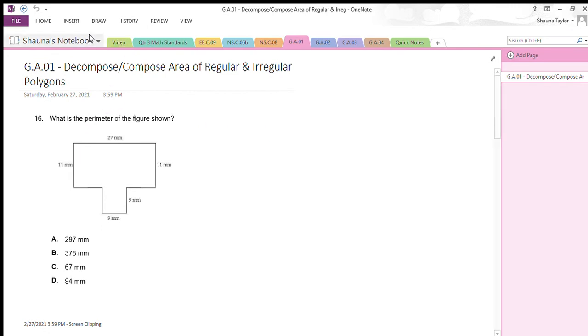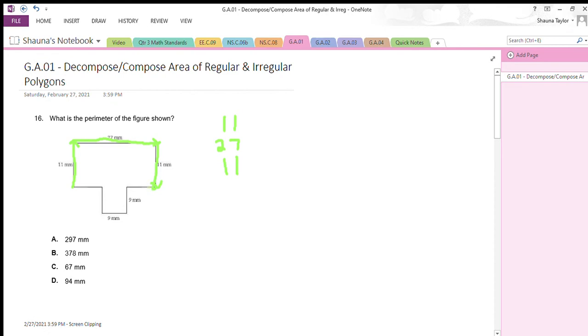Okay, so let me draw. Let me make my little thing smaller here. Okay, so what do I know? Let me start here. From here to here is 11. You agree with me? So I'm going to write 11. Because its perimeter is the outside. And from here to here is 27. And then from here to here is 11 again.